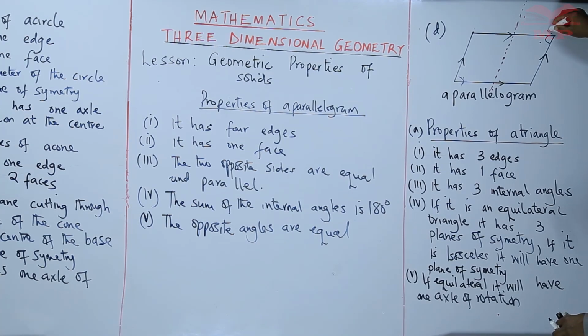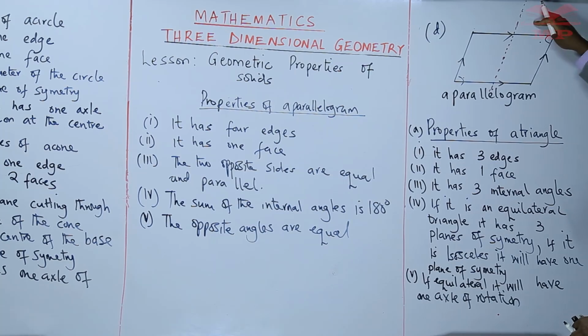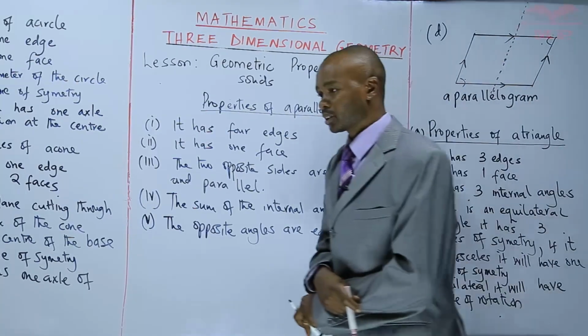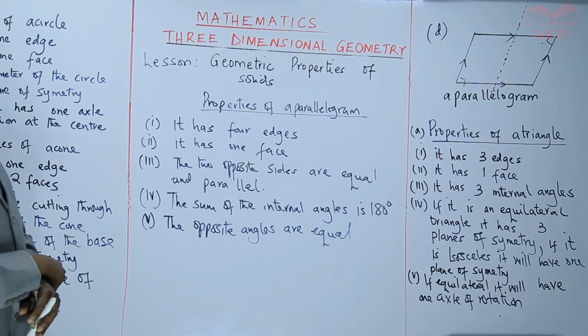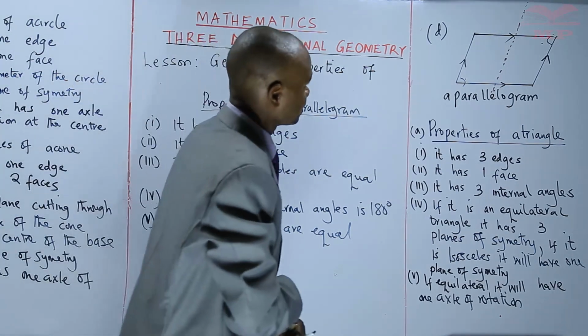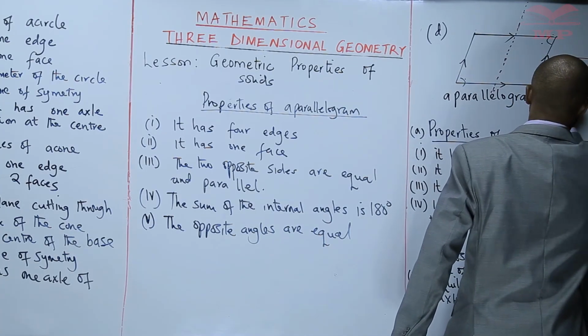Because the image of that has to come to the other side. The image should be at 90 degrees. So for a parallelogram, it's not likely to have any plane of symmetry, but it's good to compare it with the rhombus.